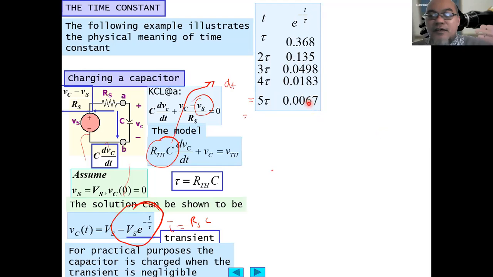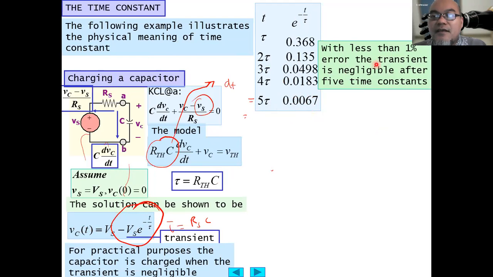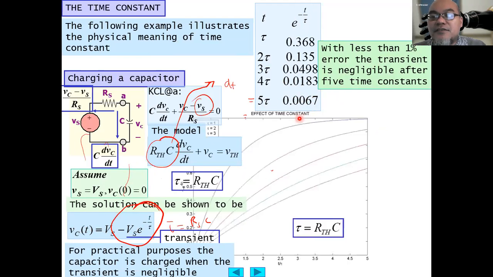The longer the time elapses, the smaller this becomes, so Vc(t) approaches the value of the V source. With less than 1% error, the transient is negligible after 5 time constants.